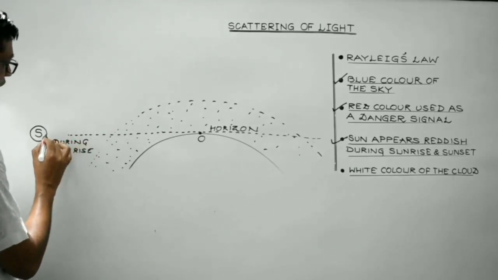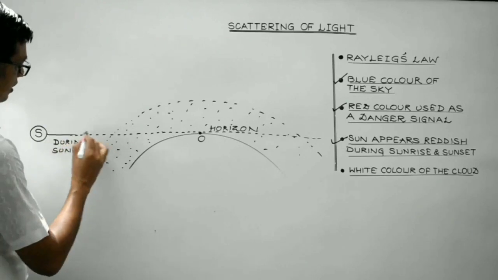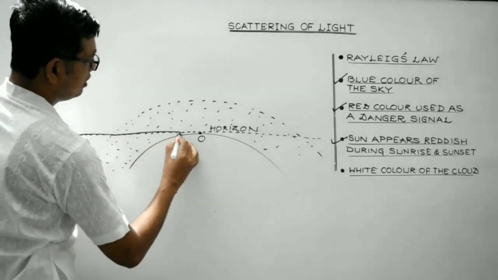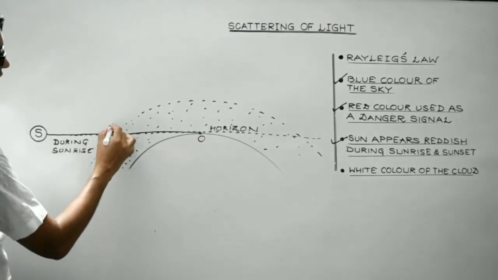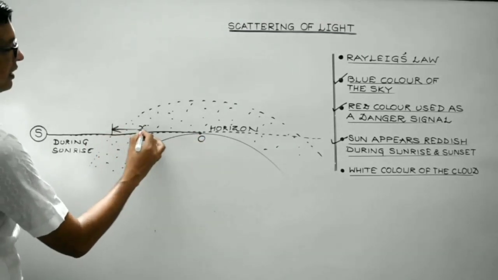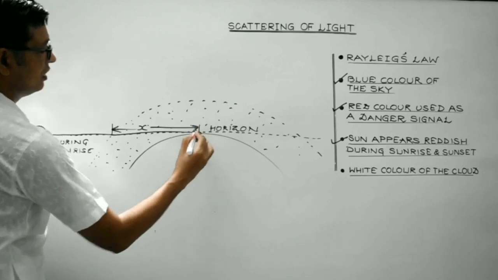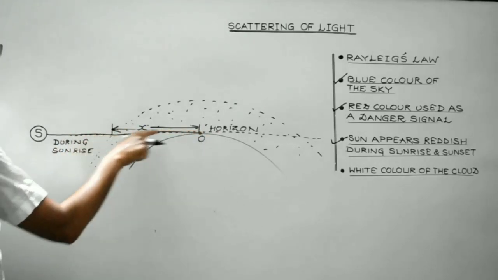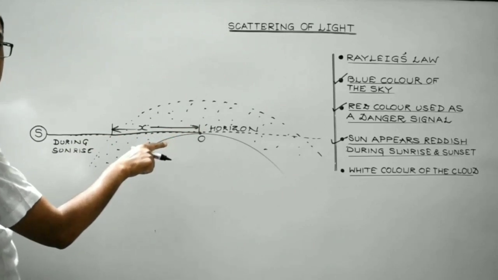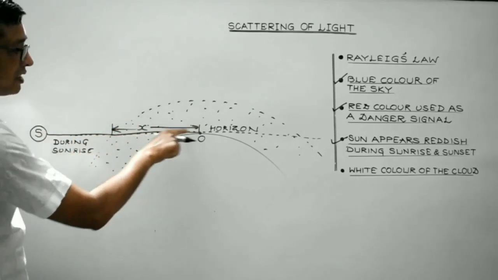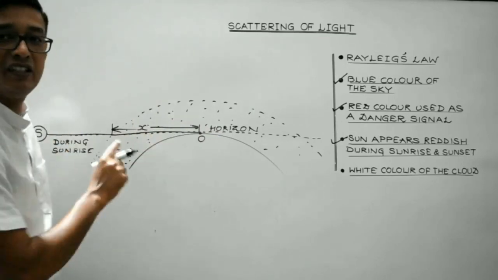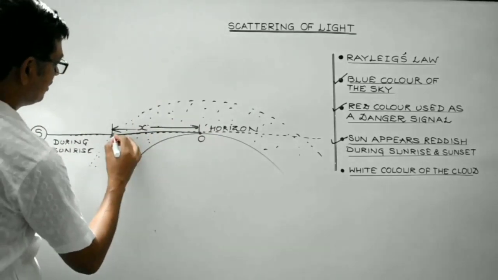During sunrise or sunset, the light from the sun entering the Earth's atmosphere has to traverse this much distance. Suppose it is x through the Earth's atmosphere. This is the distance x covered by the light coming from the sun through the Earth's atmosphere when the sun is near the horizon.